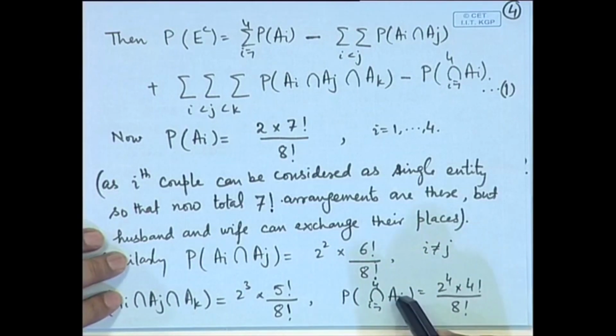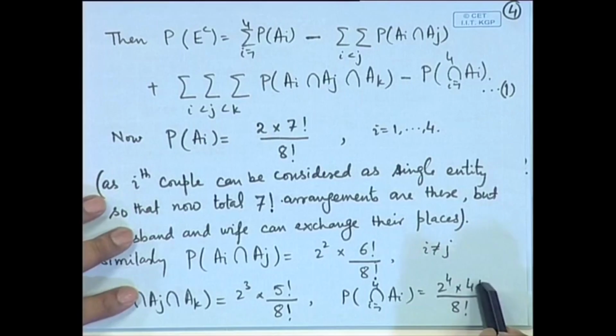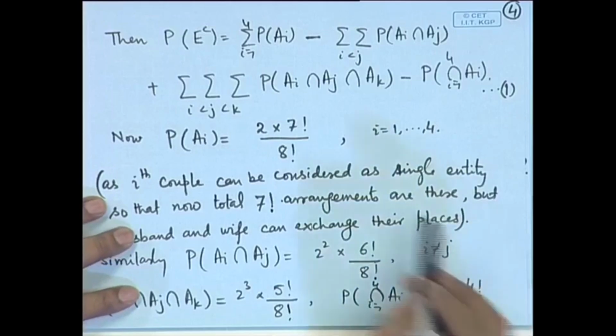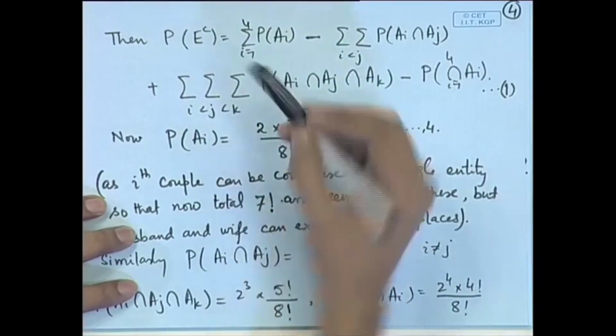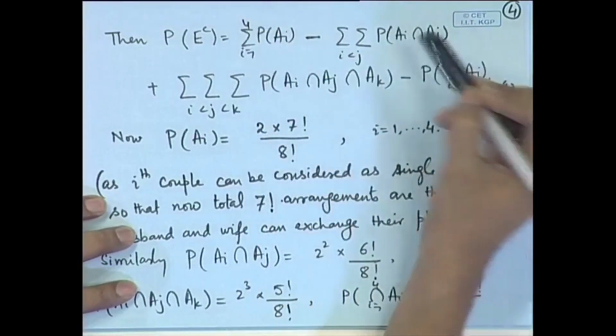Finally, if I say that all the 4 couples sit together, then basically it will be arrangements of only 4 persons, 4 factorial, and all the husband-wife pairs can interchange their places among themselves. So, that is 2 to the power 4 into 4 factorial divided by 8 factorial. Now, if I look here, the probability of A_i is this term and this is appearing 4 times.